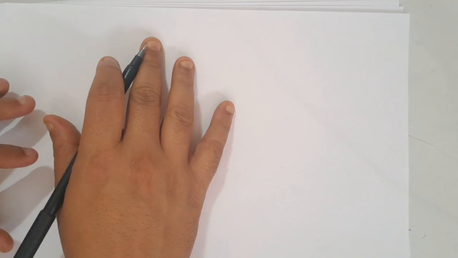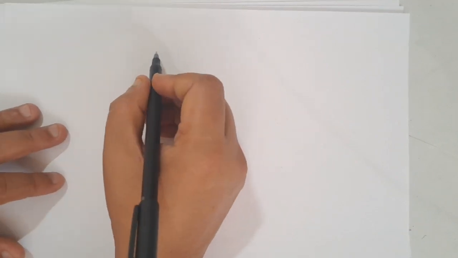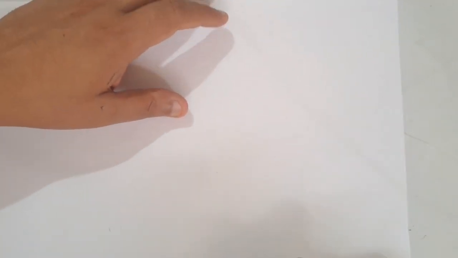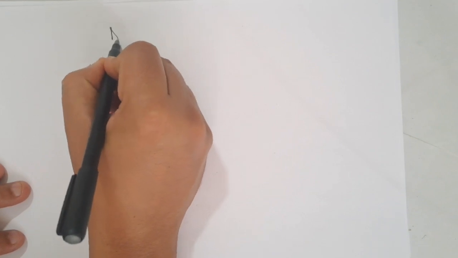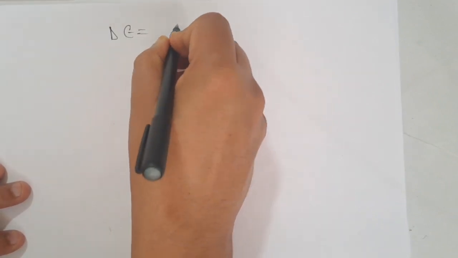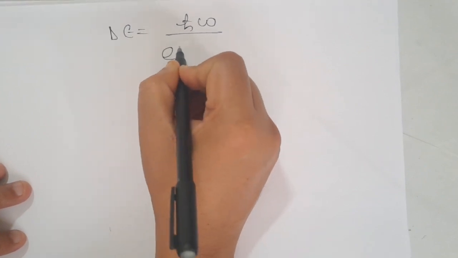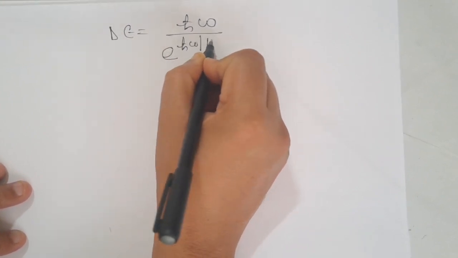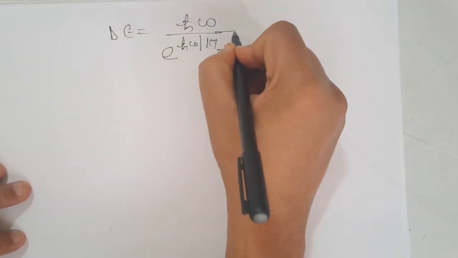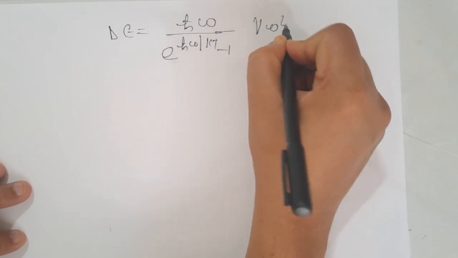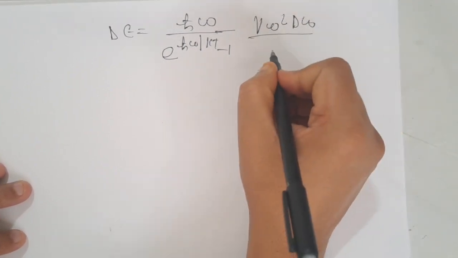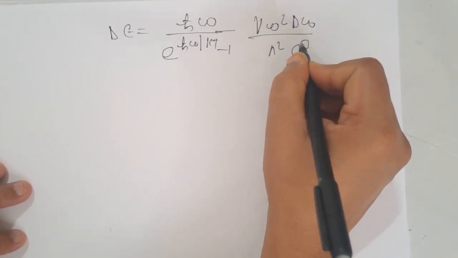So delta E is the number of modes multiplied by this. Delta E will be h bar omega divided by (e to the power h omega by kT minus 1) times V omega squared delta omega divided by pi squared c cubed.